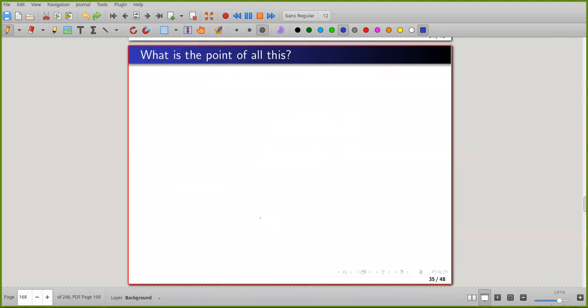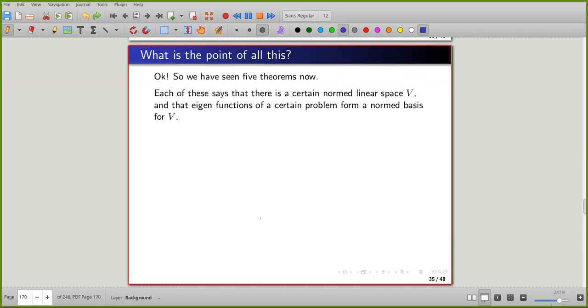So let's come to this slide. What is the point of all this? We have seen 5 theorems now.